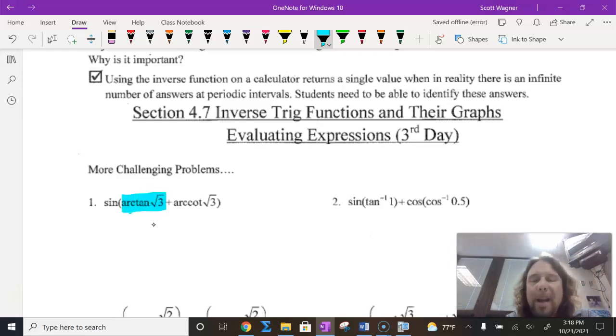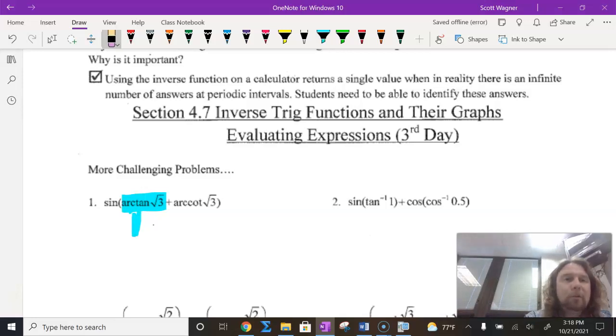You're trying to figure out what angle specifically is going to give you a tangent value of root 3. You can think of the tangent as the sine over the cosine. As you go through and calculate that, you should realize that's going to be a pi over 3 right there.